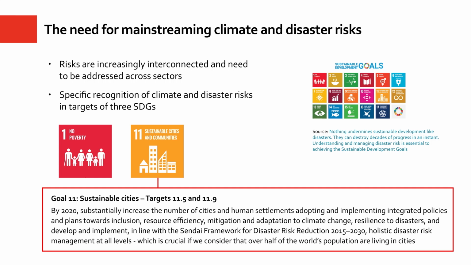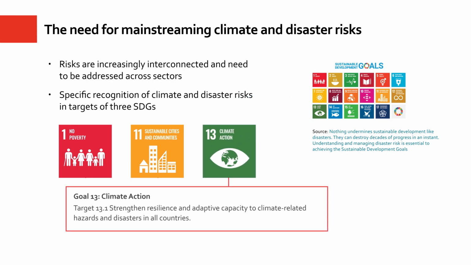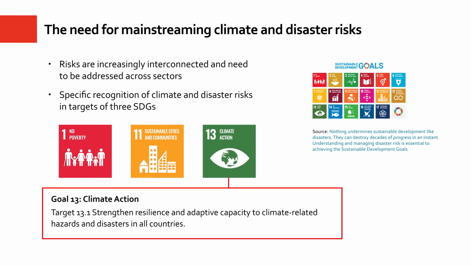A crucial target if we consider that over half of the world's population is living in cities. Also SDG 13, Climate Action, calls to strengthen resilience and adaptive capacity to climate-related hazards and disasters in all countries.